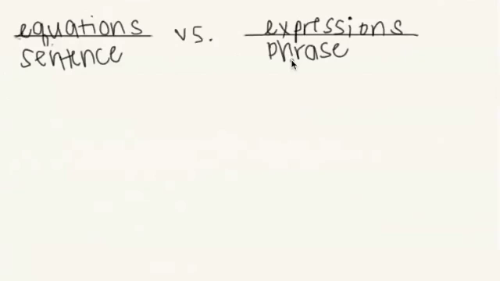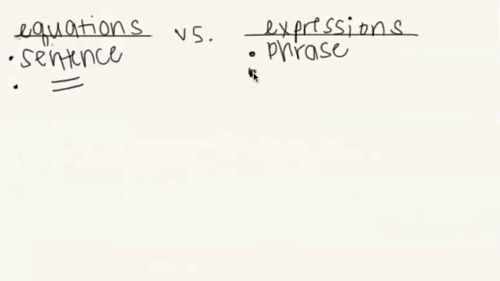In our math language, we also have something similar. Our sentence version would be the equation, and the way we know it's an equation is that it has an equal sign. That's how we can distinguish between an equation and an expression, because an expression does not have an equal sign. So I'm going to make a little bullet point here so you can take some notes.